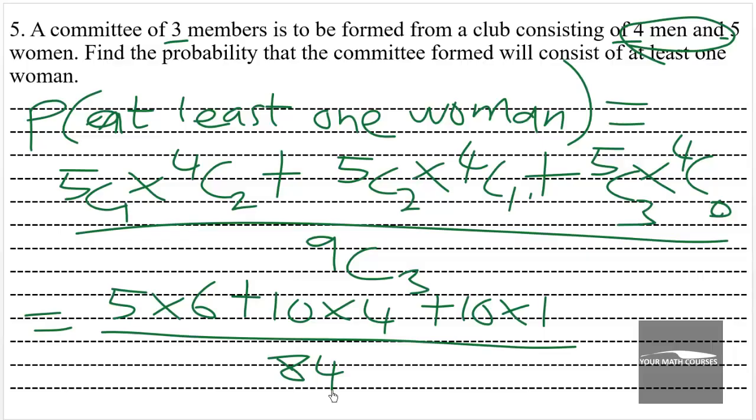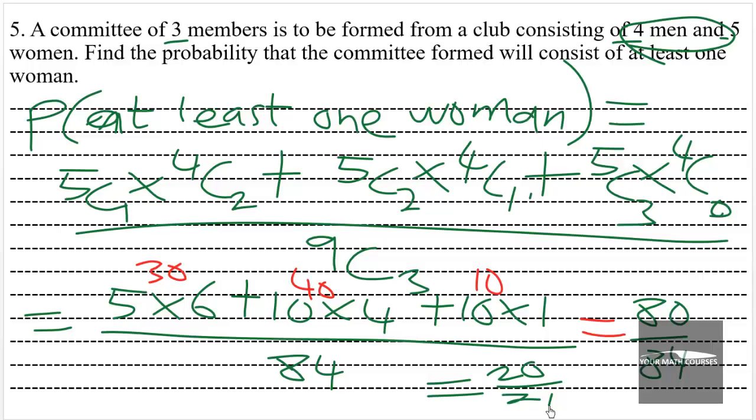So we will get 30 here, then we get 40 here, then we get 10 here. So that will give us a total of 80 over 84, which will simplify to 20 over 21. Or you can write down the decimal equivalent if you wish. So the probability is 20 over 21.